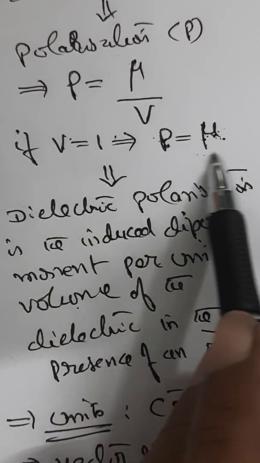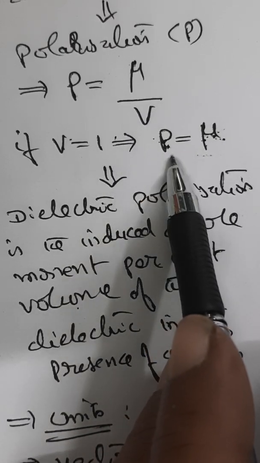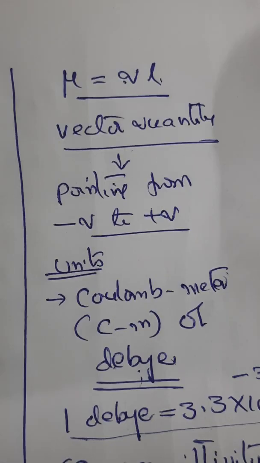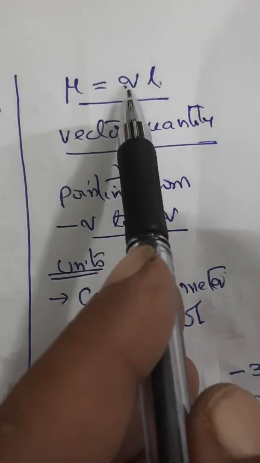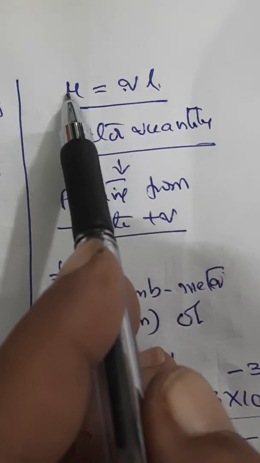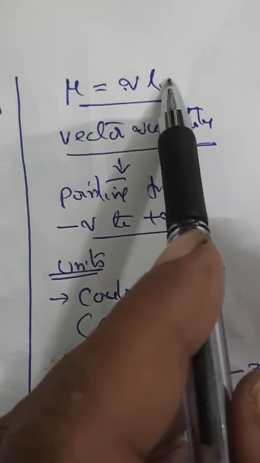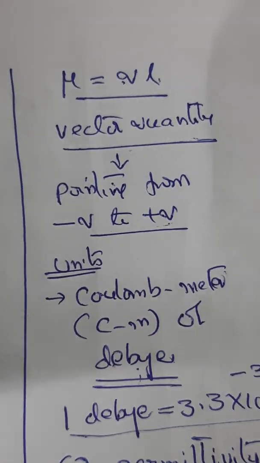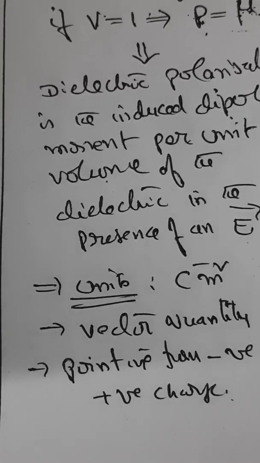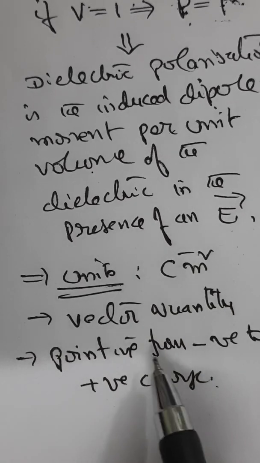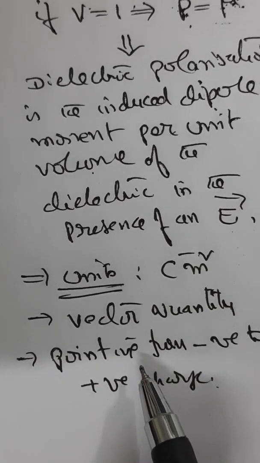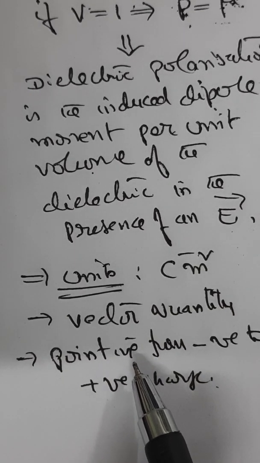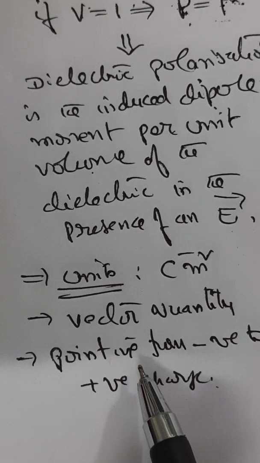So whatever the characteristics of mu, they are naturally applicable to P. Recollect mu of the previous classes. Dipole moment we got as Q into L. That is a vector quantity pointing from negative to positive. So that is exactly what is repeated here, being a vector quantity pointing from negative to positive. That is what we have to remember.